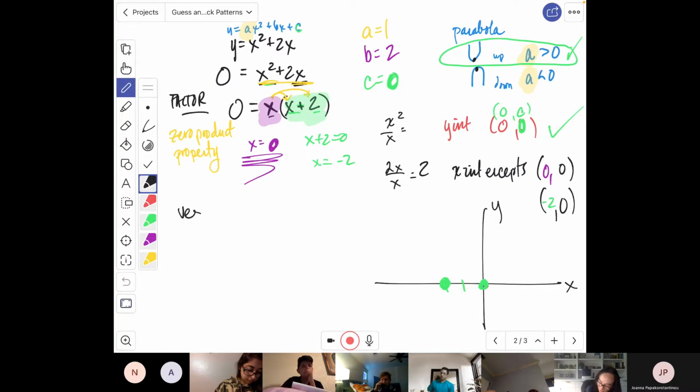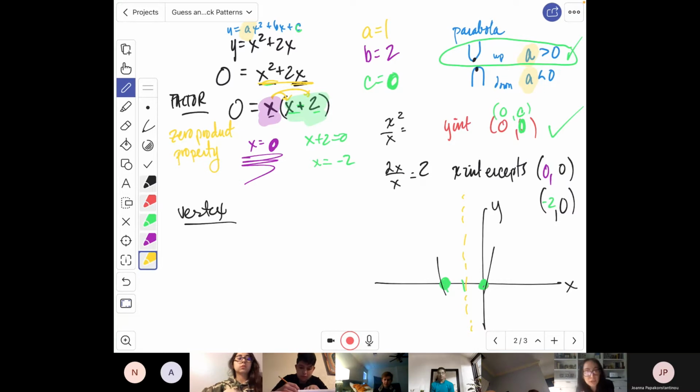Exactly. Beautiful. So how on earth would I be able to find the vertex? Well, these are nice integer values. So I know my graph kind of looks like that, and I know that there is an axis of symmetry, right? If I were to fold my parabola on that axis of symmetry, I would get mirror images. So I know there is an axis of symmetry here, at x equal -1.